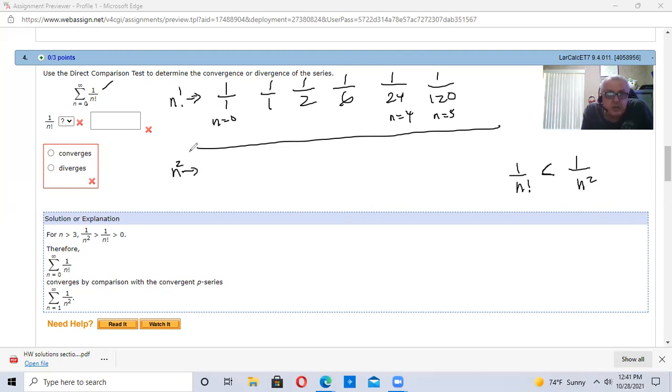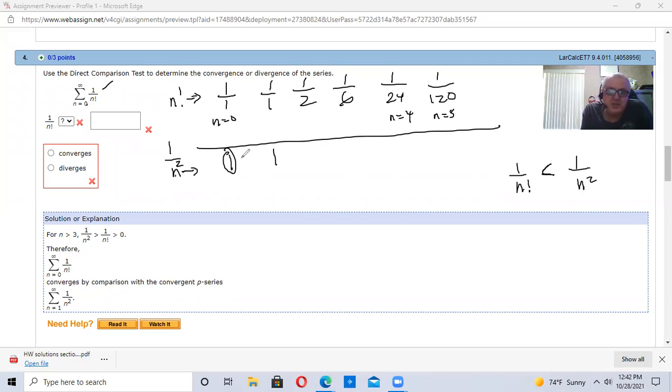And if I put 0 in there, sorry, it's supposed to be 1 over n squared.